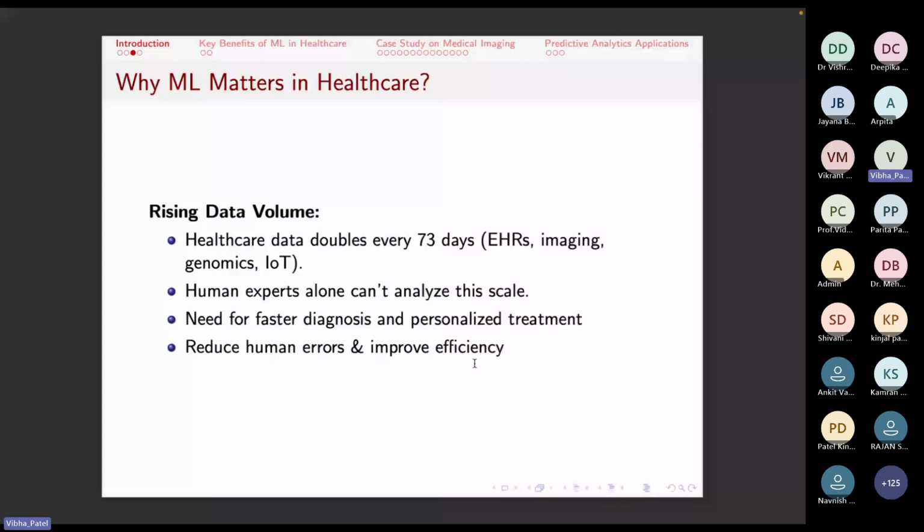So now, why should one prefer using ML in healthcare? We are very well aware of the fact that the amount of data in all domains, not just healthcare, is increasing by an enormous amount day to day, generated by various sources. The same is the scenario with healthcare.